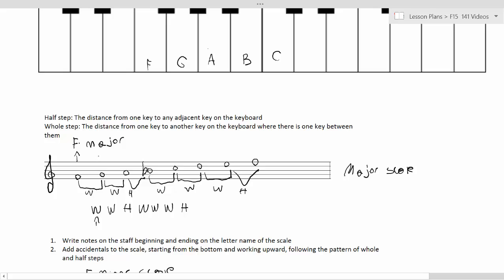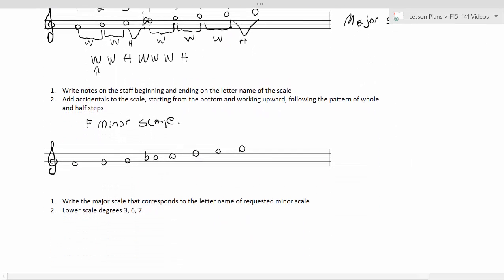So there's scale degree 1, scale degree 2, scale degree 3, 4, 5, 6, 7, and 1 again. For the minor scale, here's scale degree 1, here's scale degree 2. I'm going to skip 3 for a second. Here's 4, 5. I'm going to skip 6 and 7 again for a second, and there's 1 again.